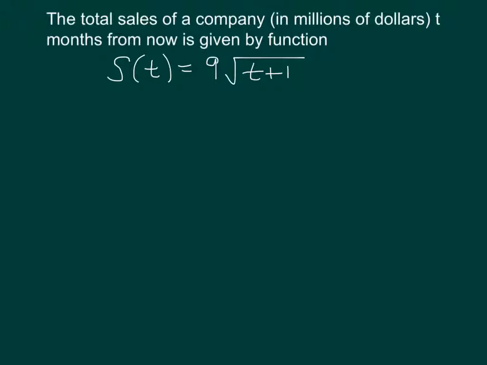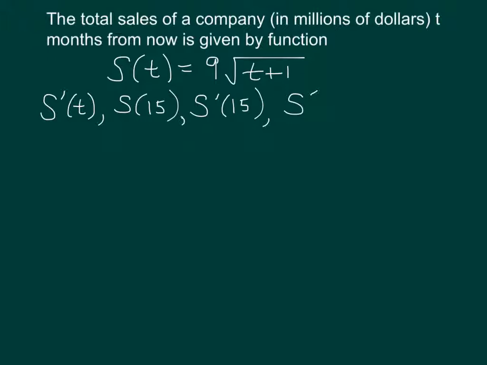Basically what you're going to want to find is the derivative, and then we're going to evaluate the function 15 months from now. Then we're going to evaluate the derivative 15 months from now. And then we'll use all that to also find the value 16 months from now.